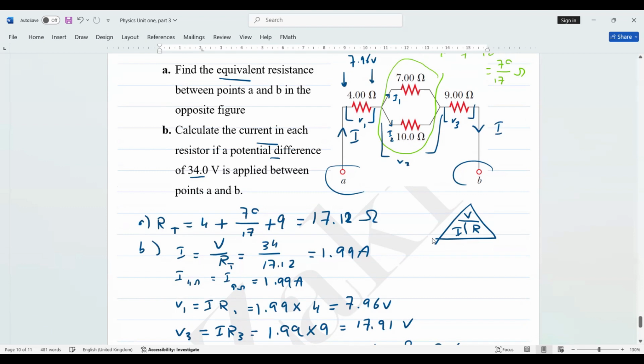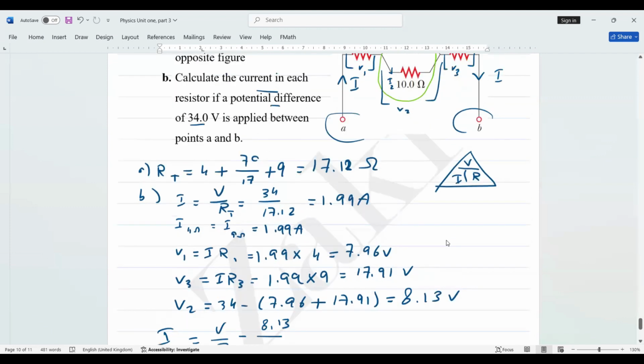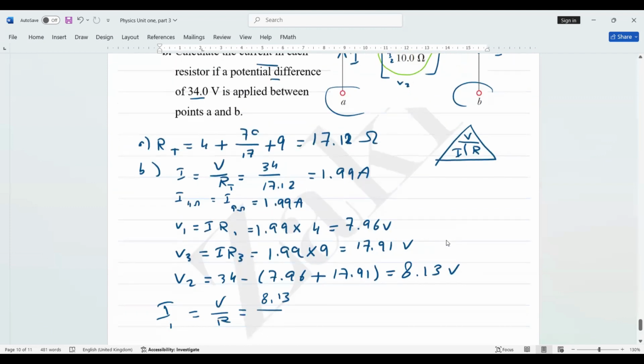I1 is the current in 7 ohm. Then I1 in 7 ohm equals V over R. V is the same voltage, V2, here it's 8.13, divided by R. R is 7. So 8 divided by 7.